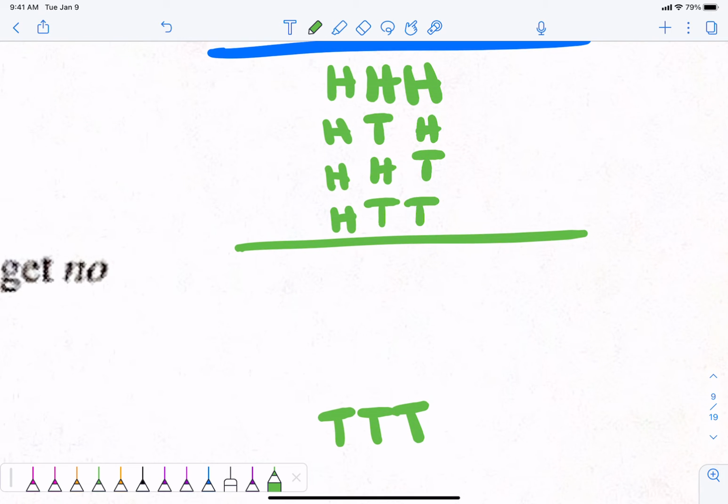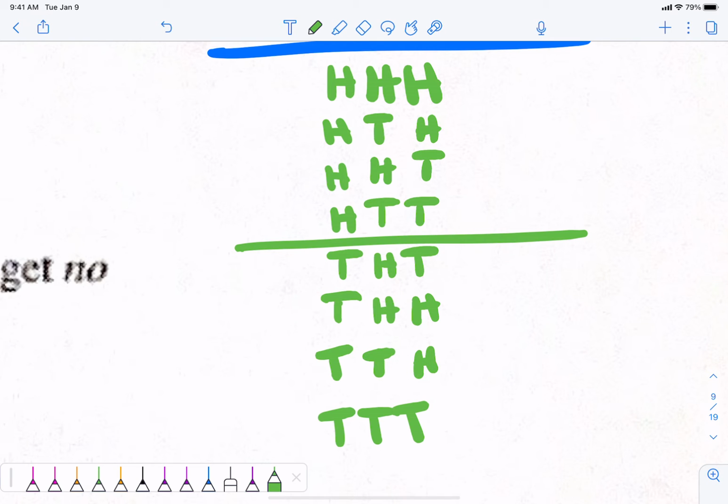Now it's the exact reverse for tails. Tails, I put at the bottom. What combinations start with tails? Tails, heads, tails. Tails, heads. There we go. That's the one we're missing. Those are the 8 combinations.